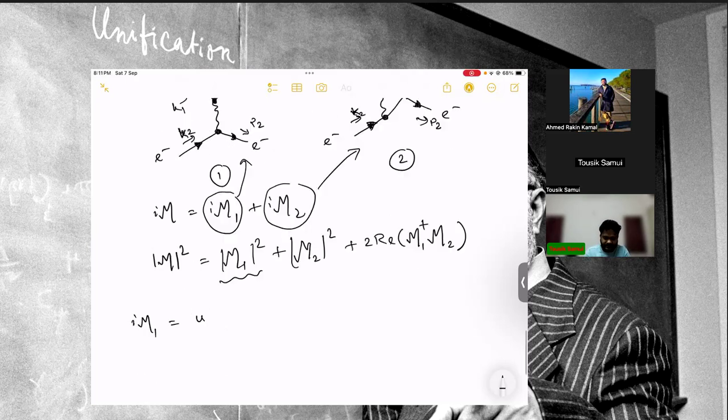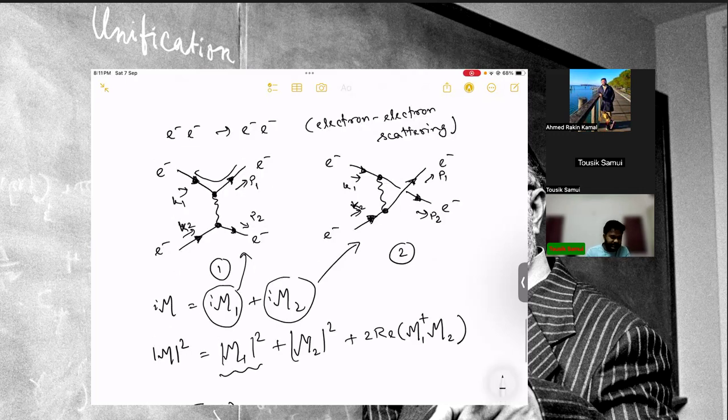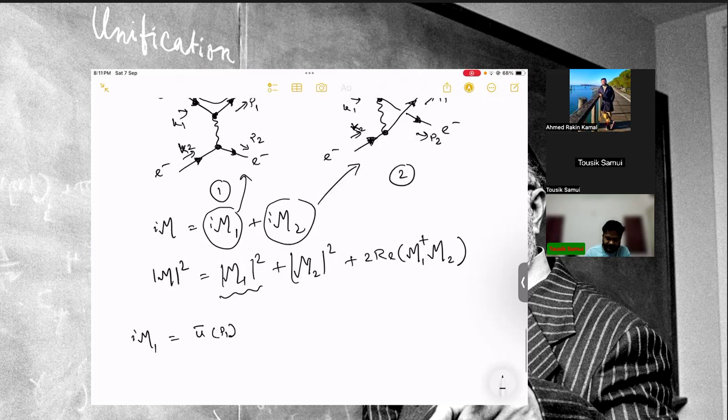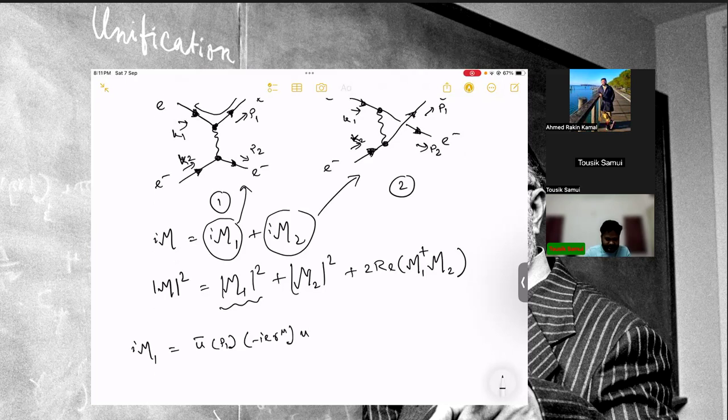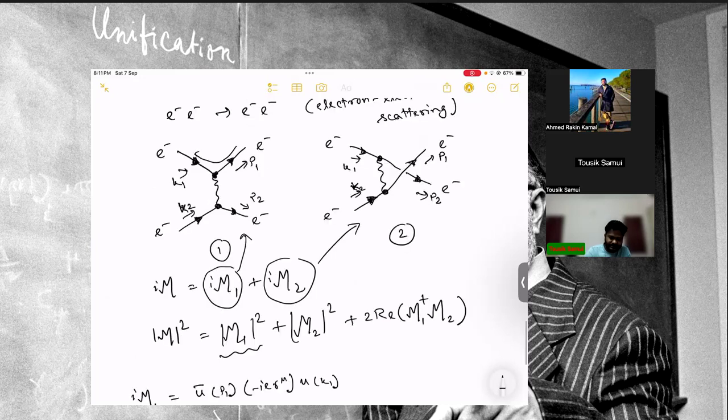So this is u bar of p1, then we hit this vertex, which will have minus i e gamma mu, and then the incoming fermion is represented by u of k1. That's the first part here.